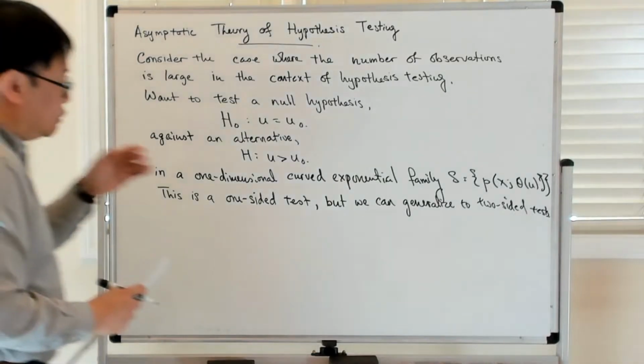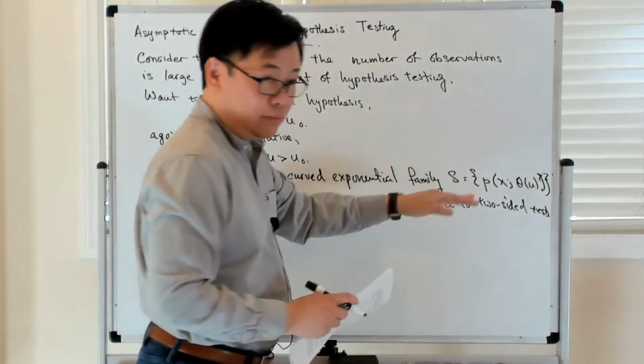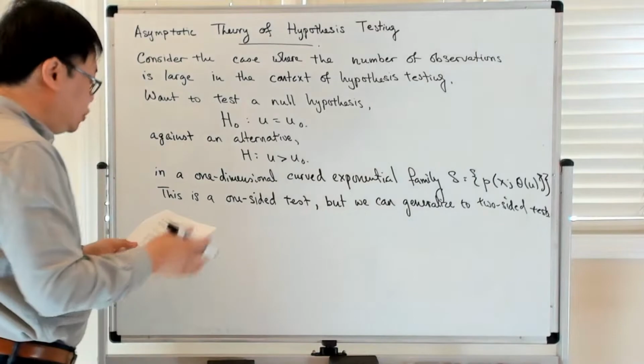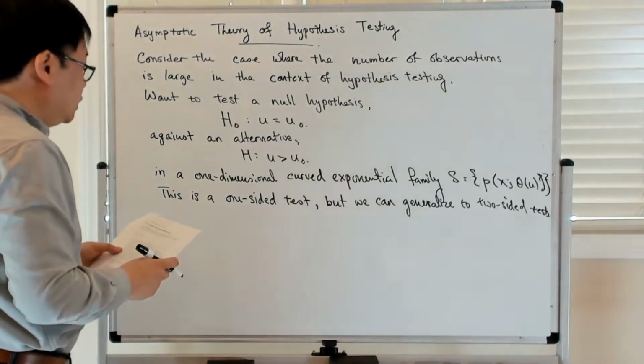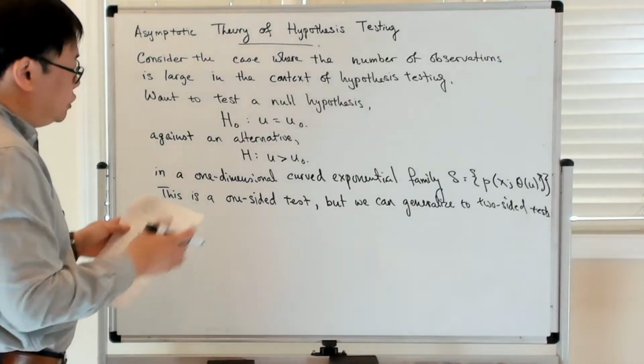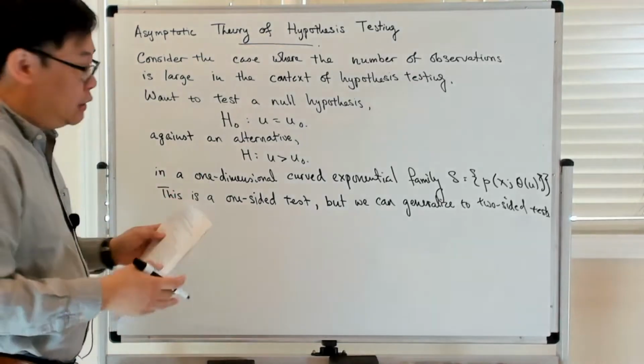All right. So what's happening now is that we're going to assume that S is a curved exponential family. So the basic idea then is that we want to construct a rejection region.